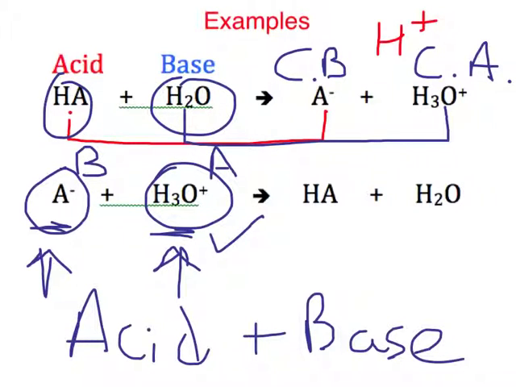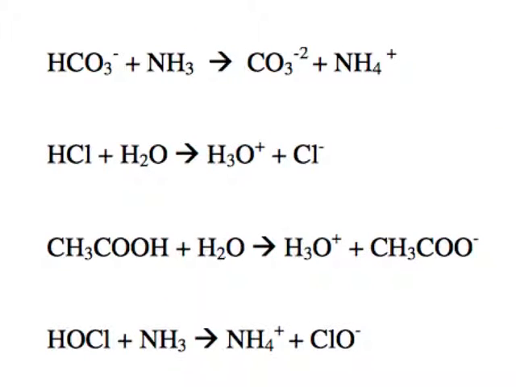Let's see if we can try a couple. We'll do the first one together, and then I want you to try the rest on your own. In this first reaction, which one of these two things is acting as the acid? Remember, the definition of an acid is that it donates a proton.